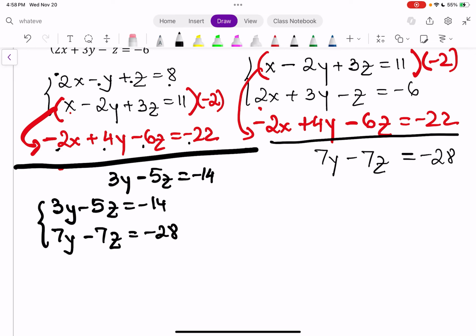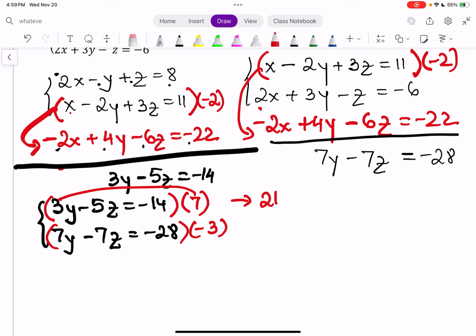Well, not much. 3 and 7, 5 and 7. To get rid of y, I'd need to multiply the top equation by 7, the bottom one by 3, and one of them should change signs, as in one should be a positive and one should be a negative. So I'm going to go to the side this time, multiply everything by 7. So 21y minus 35z equals -98, I believe.